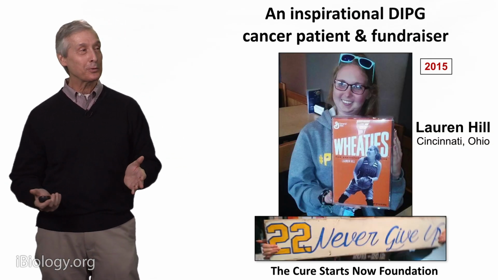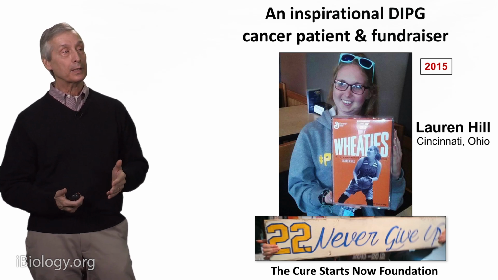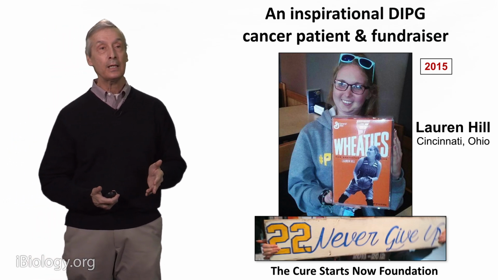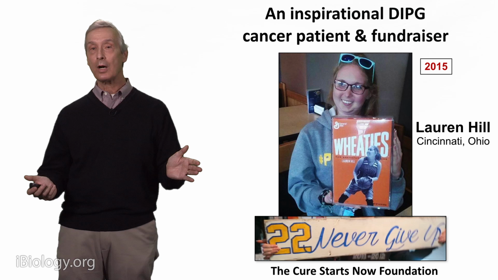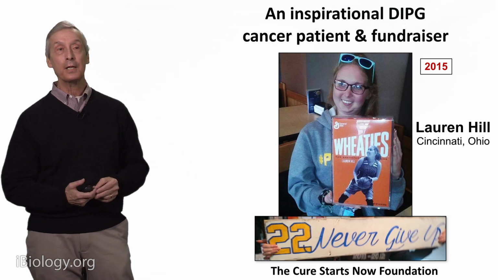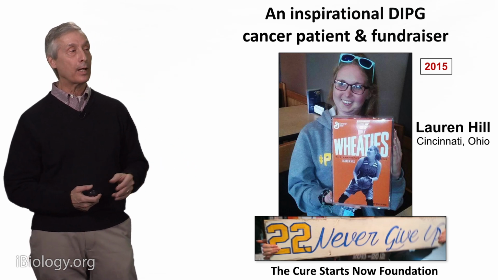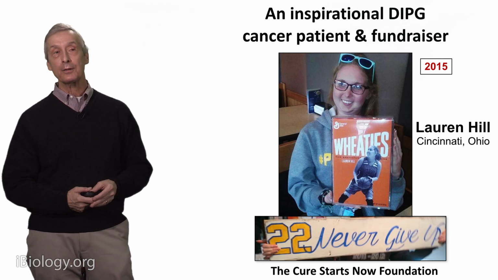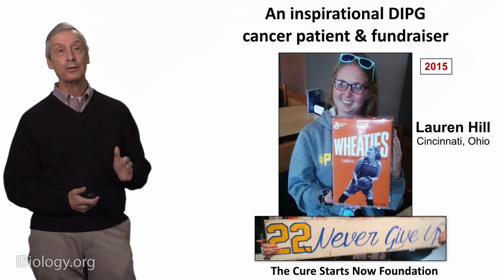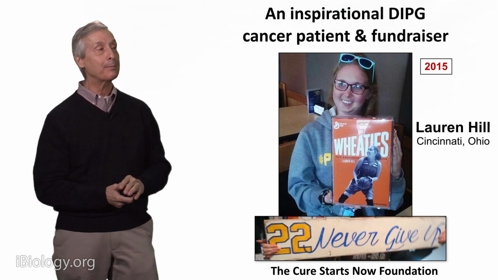I was born and raised in Cincinnati, Ohio. That's irrelevant to you. But I was stunned, really, when in 2015, the national news covered this very brave woman, Lauren Hill, born and raised in Cincinnati, Ohio, and she was diagnosed, which is atypical, at 19 years old, with DIPG.